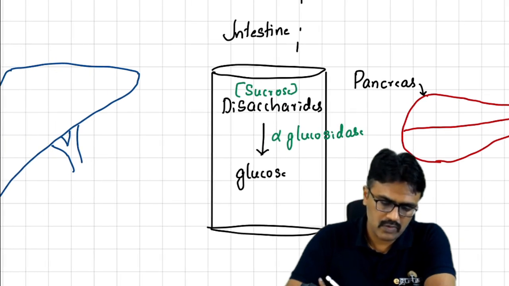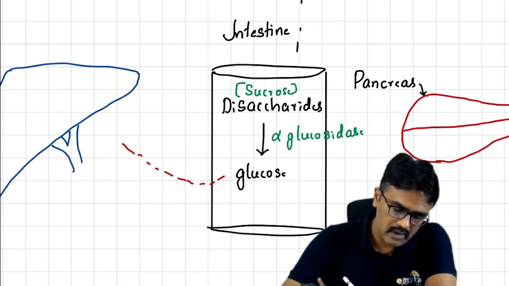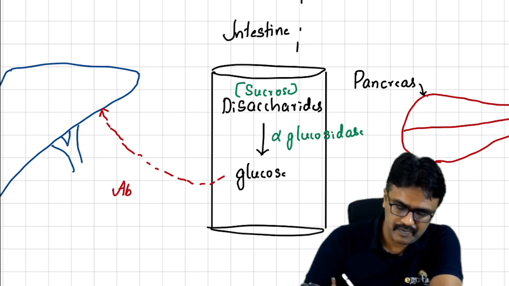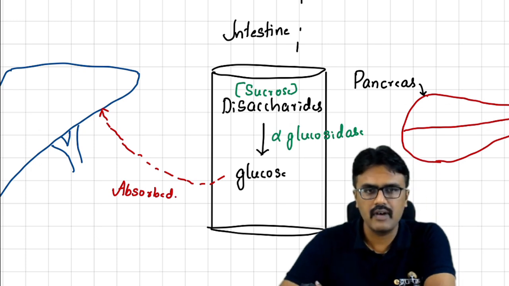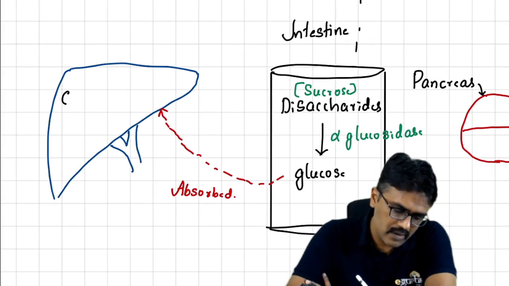Now this glucose gets absorbed into the liver. The glucose which is absorbed into the liver will be stored for future usage as glycogen.